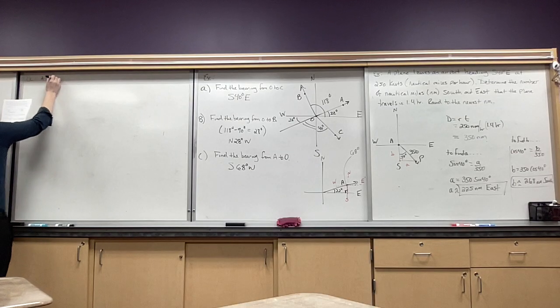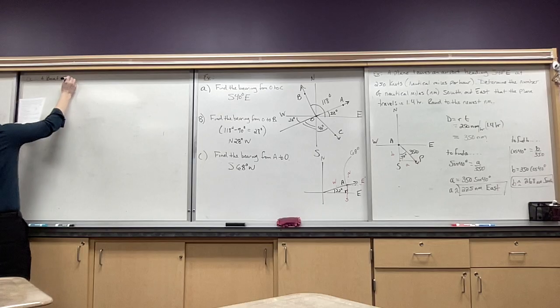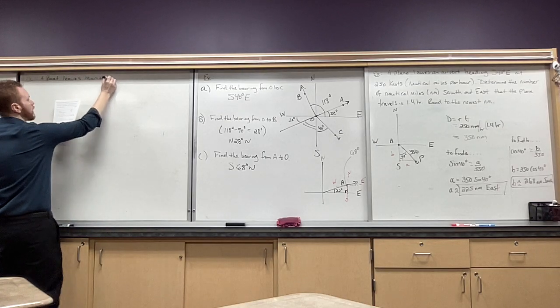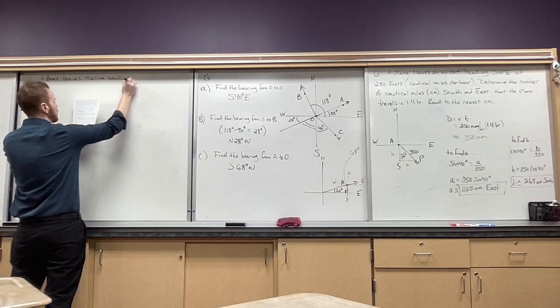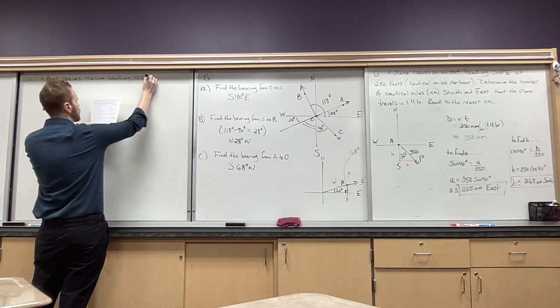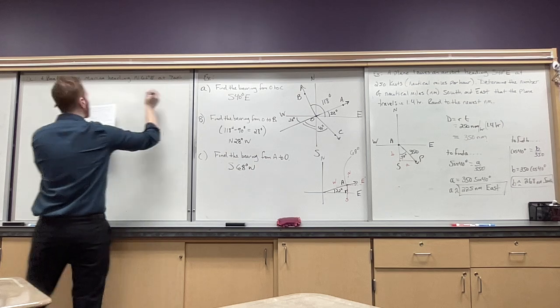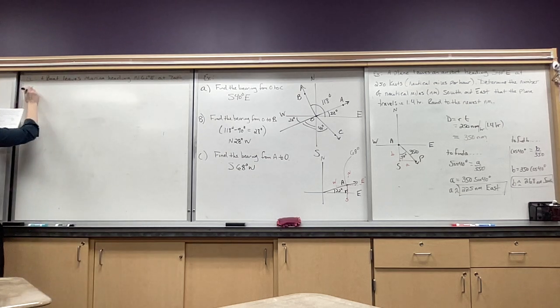So we have a boat that leaves the marina, heading north 62 degrees east at 7 miles per hour. That's pretty slow.